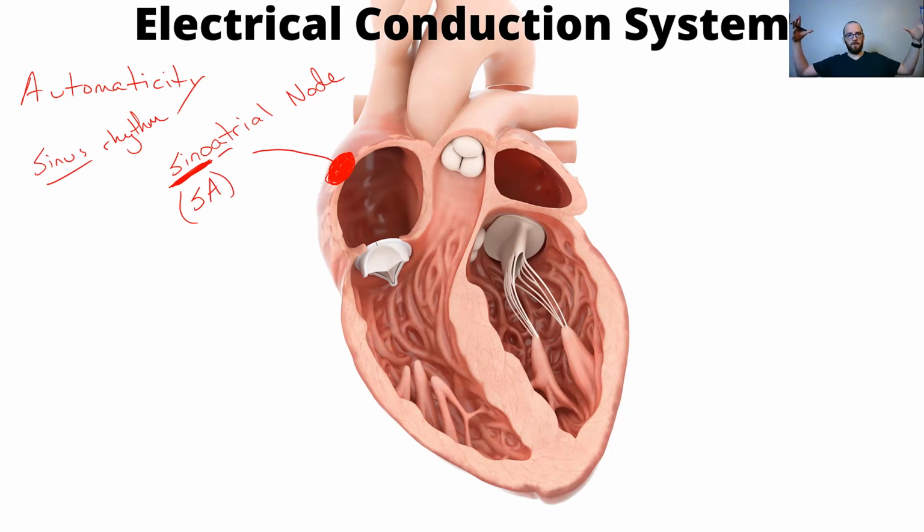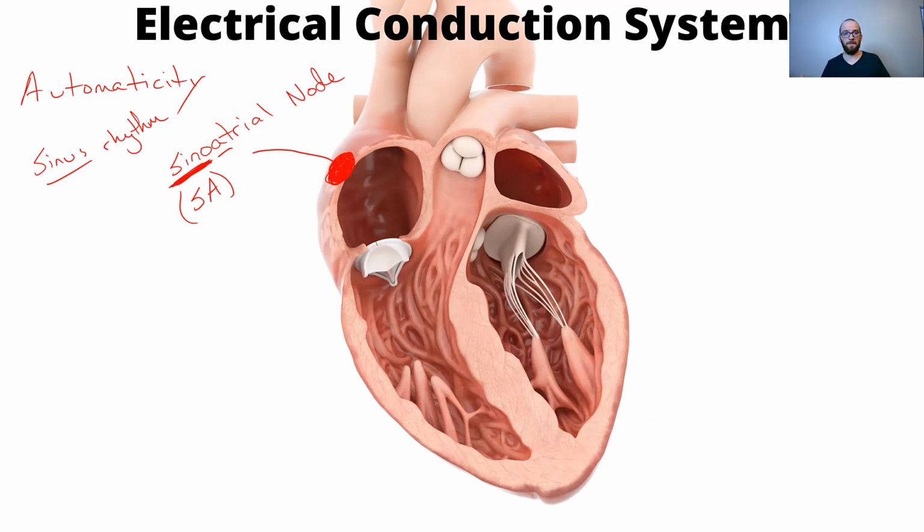Now, because of the principle of automaticity, it could start somewhere else. This cell down in the ventricles can get angry and irritated and decide that it wants to start firing. Thankfully, it doesn't normally. Something else has to be going on for that to happen, but it could.